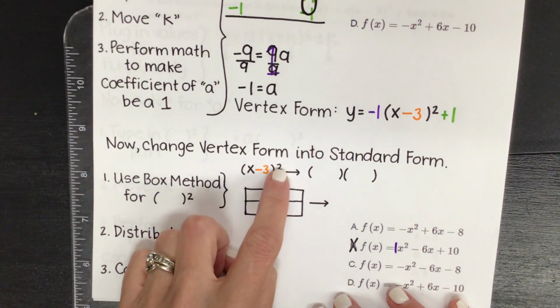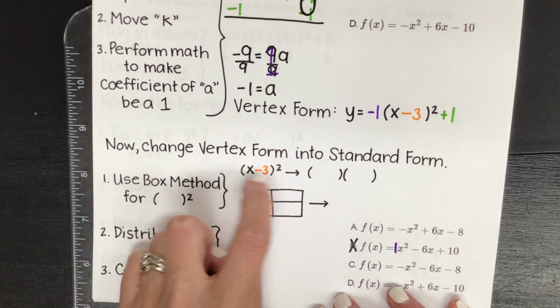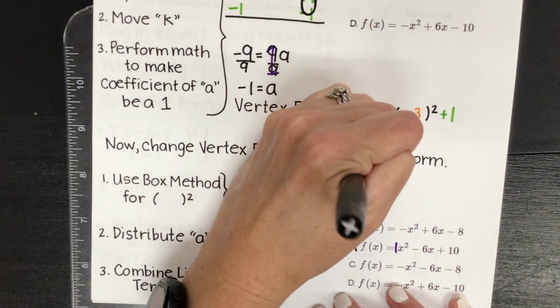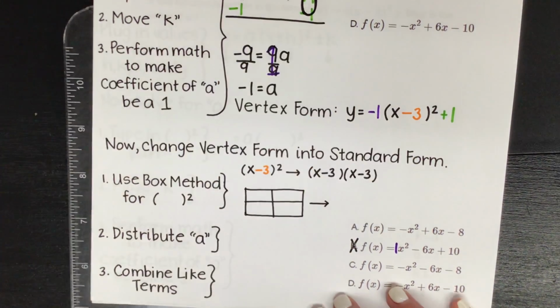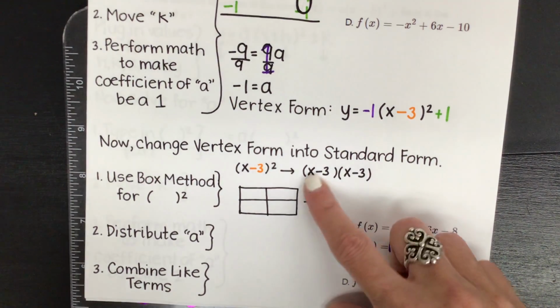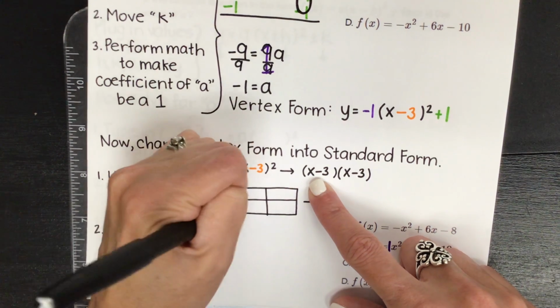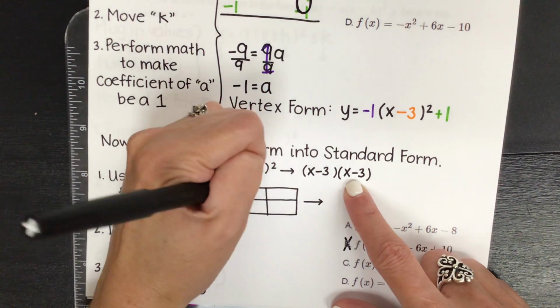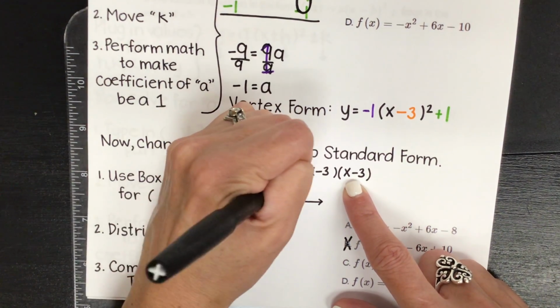Remember, power of 2 means this is being multiplied together twice. So it's really like I have x minus 3 times x minus 3. Okay, so we're going to go ahead and multiply this first. So this would be my rows. I need a row for x and negative 3. And then my second parenthesis is going to give me my columns. So I need a column for x and a column for negative 3.